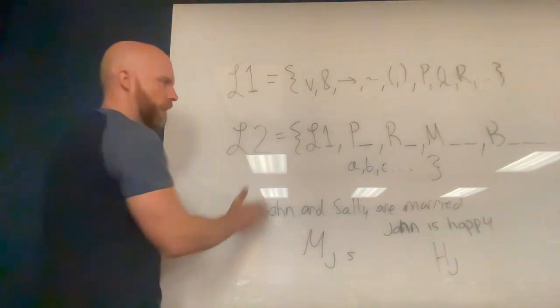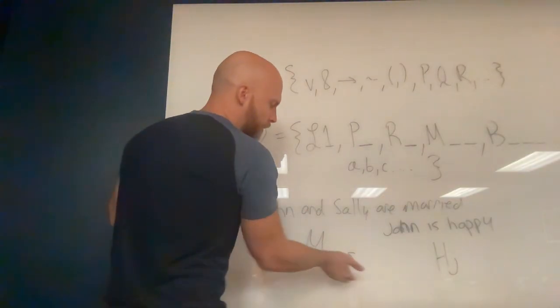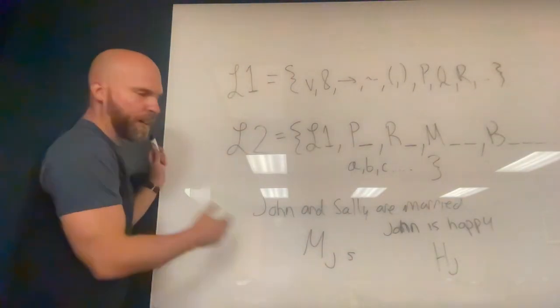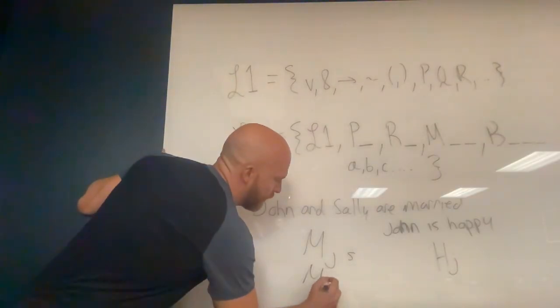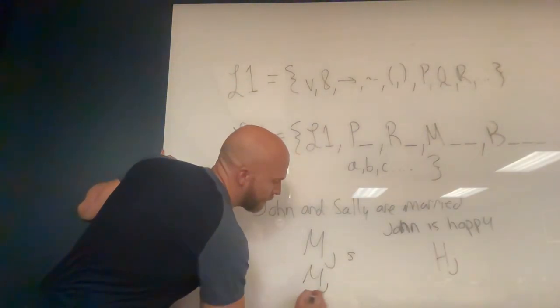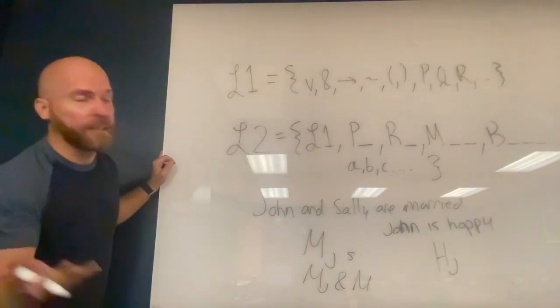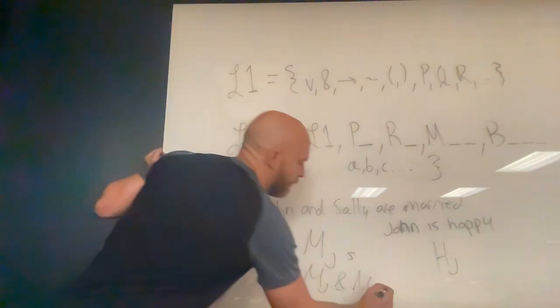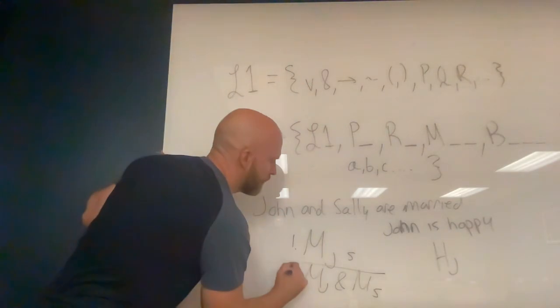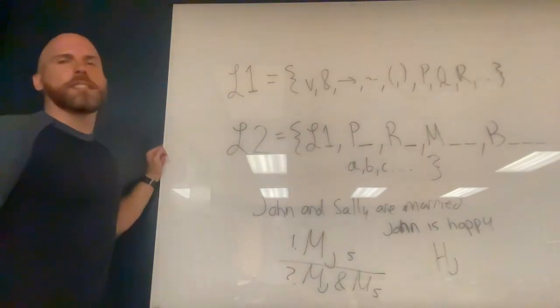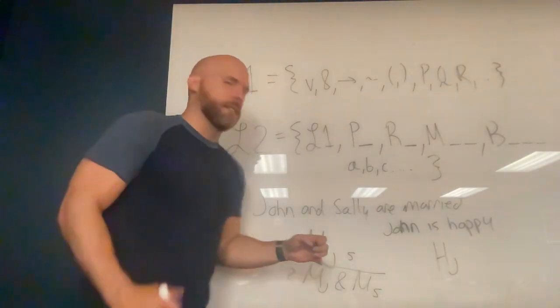And so it should follow from this sort of thing, John and Sally are married, that there might be a 1-place relationship, like a property of being married. It should follow from expressions like John and Sally are married, that John is married and Sally is married.